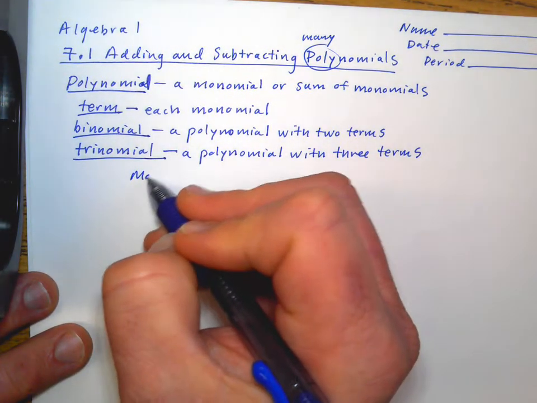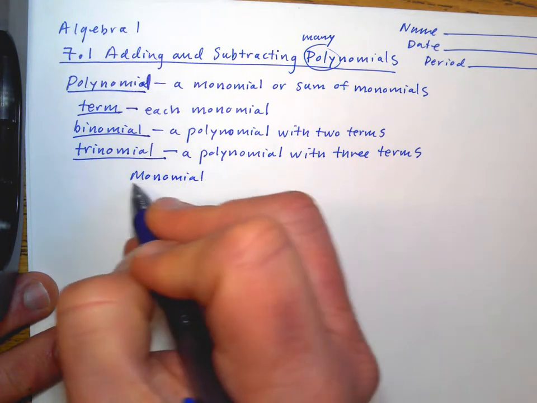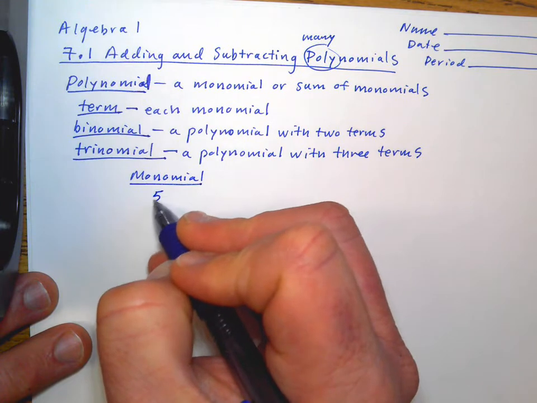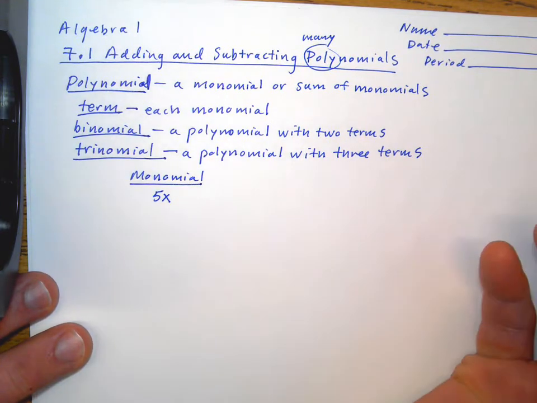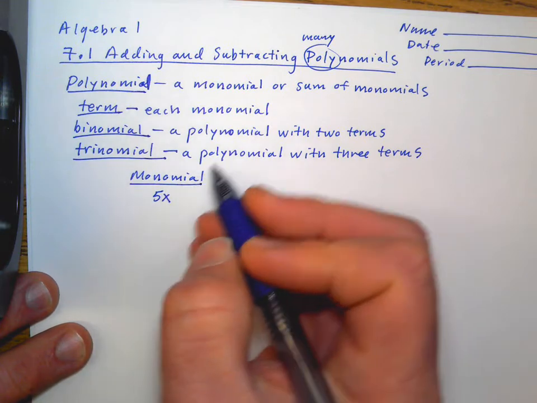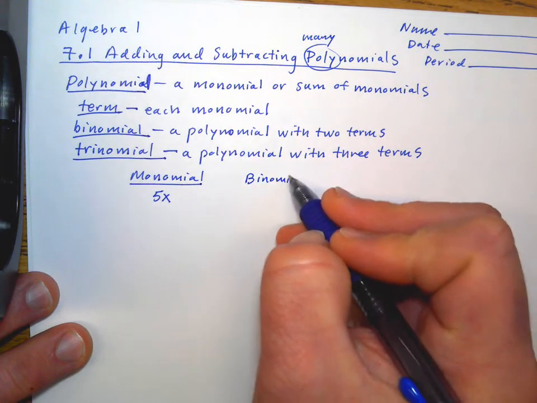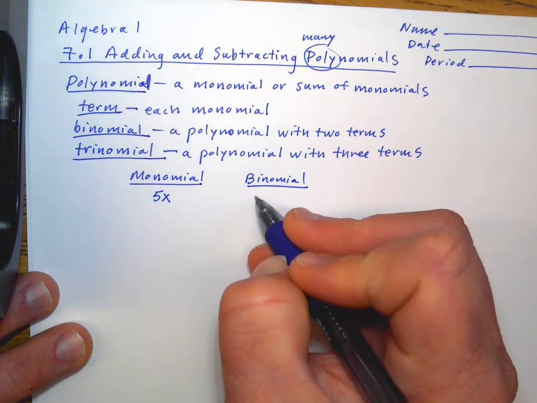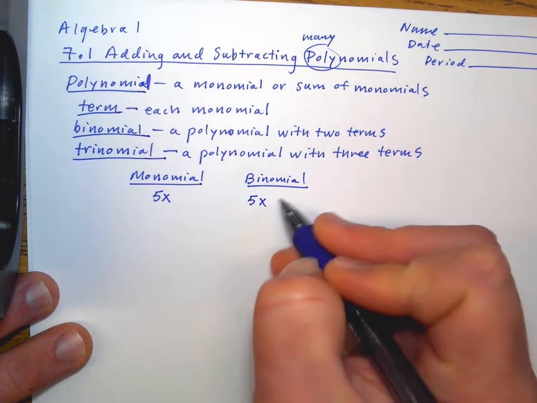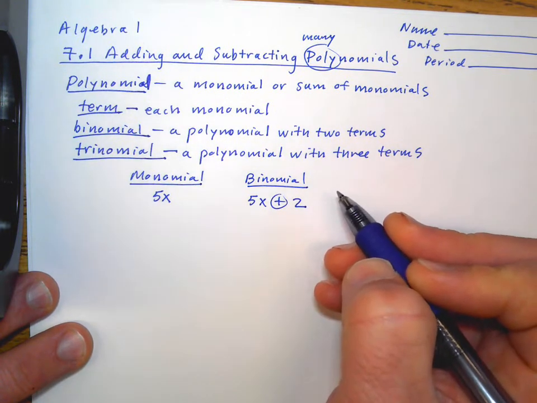a monomial, mono usually means one. A monomial has one term like this, 5x. That's one term. I know there's a 5 and there's an x, but it's all together. A binomial would be something like this, 5x plus 2. So the plus separates the terms.